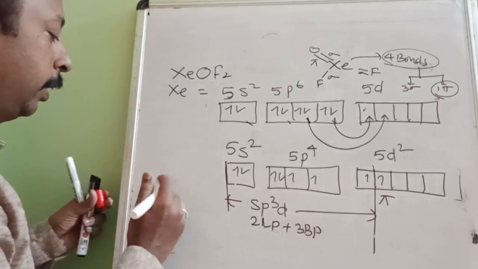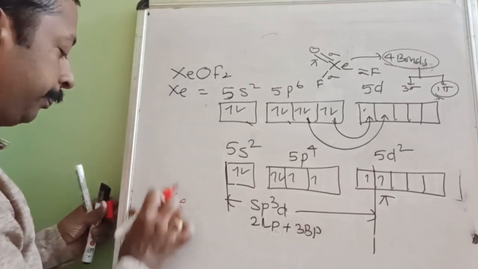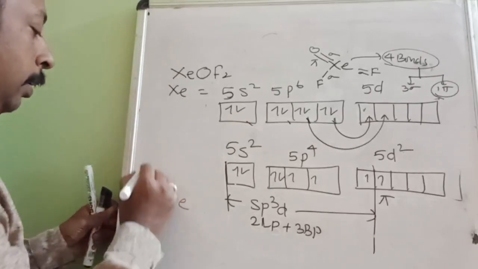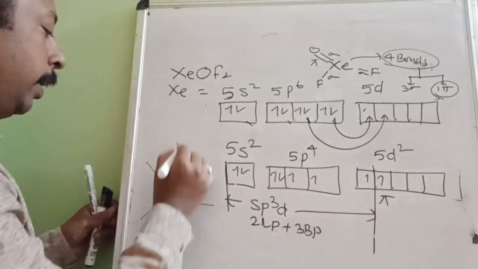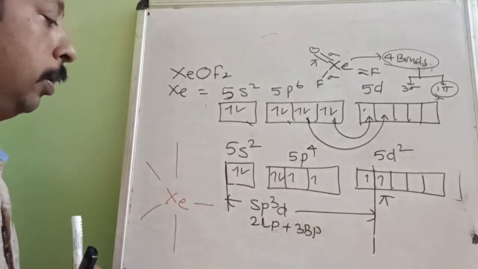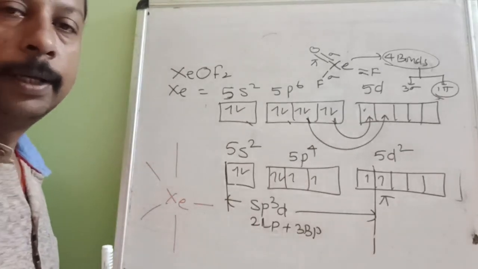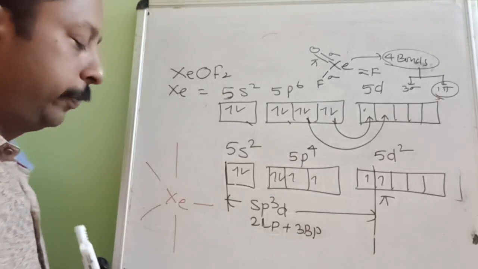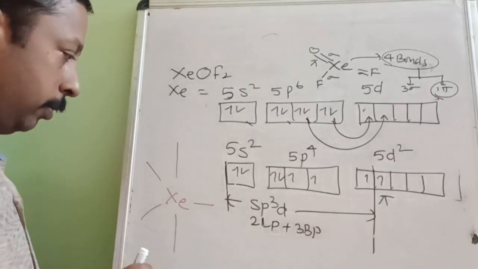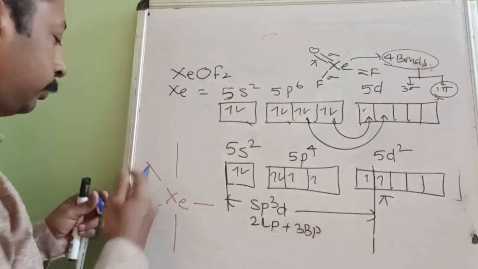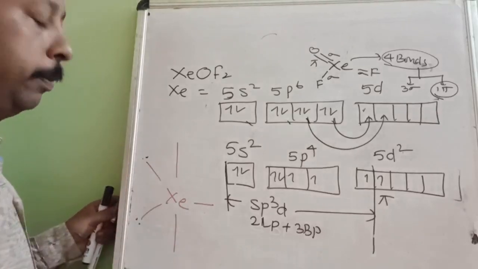So what I will write? Xenon, okay, triangle and bipyramid. Now I have to keep the lone pairs. Where is it better to keep the lone pair? Wherever the bond angle is maximum, that is in the triangle. So I will accommodate one lone pair here, one lone pair here.